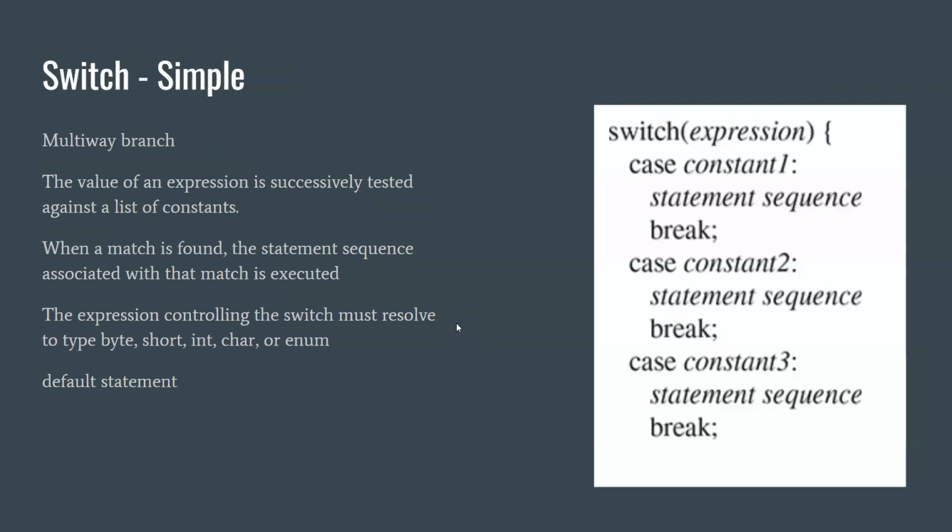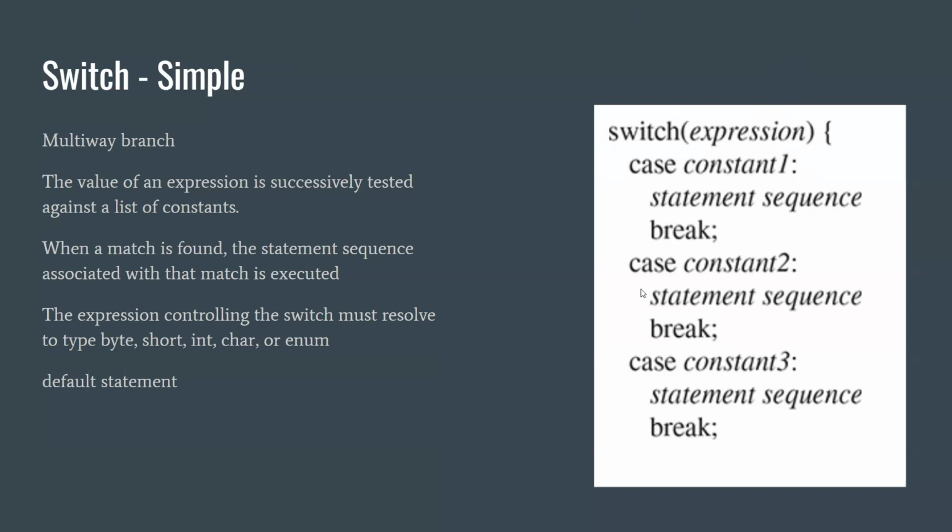There is another one called switch. You can think of switch as a multi-way branch. You will be given an expression, and the value of the expression is successively tested against a list of constants.